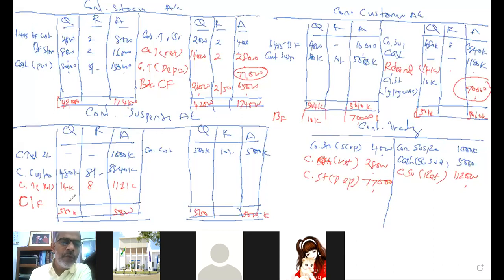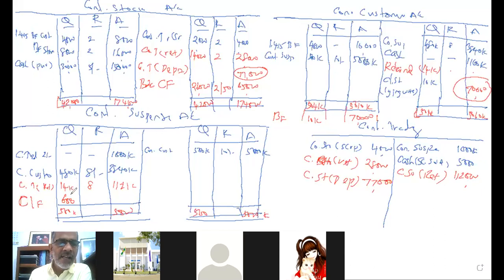How many thousand gap? How much? 6,000. Yes, 6,000.